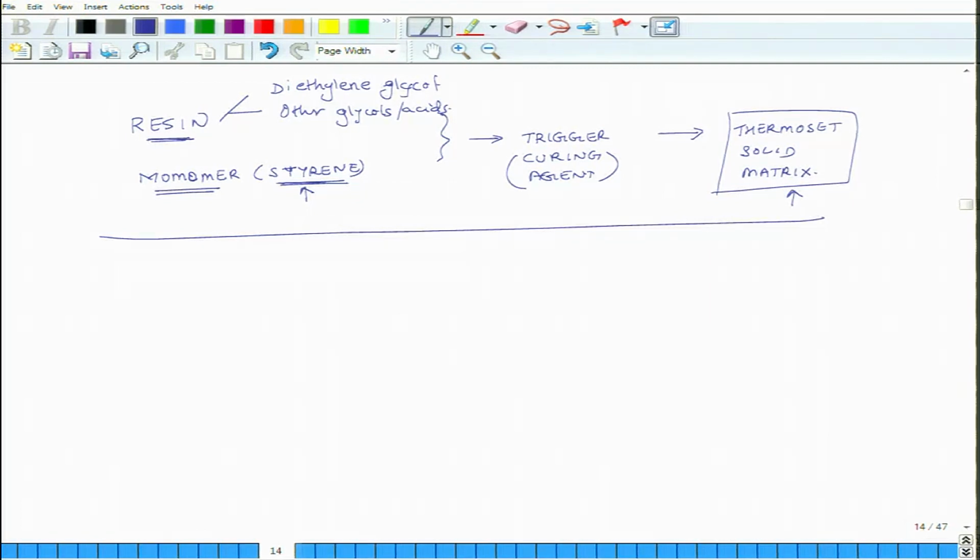Now, finally, in context of polyester resin, let us look at some of its properties. The first one is specific gravity, and this value can move anywhere from 1.1 to 1.4.